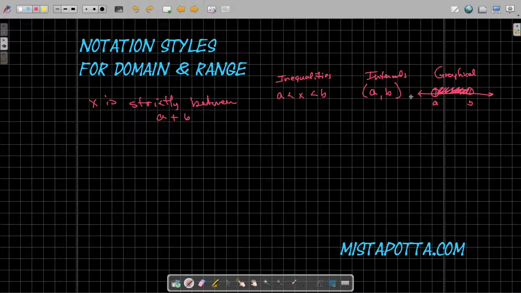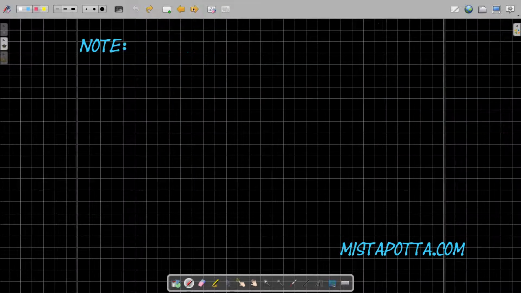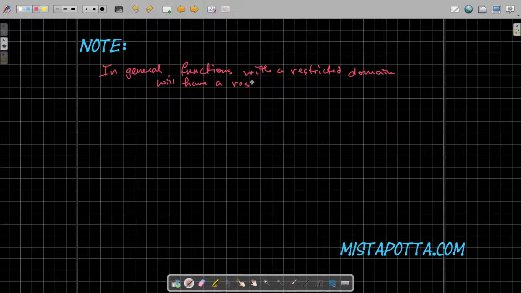All of these are valid ways to denote domain and range. So something that we really should keep an eye on is that in general, functions with a restricted domain will have a restricted range.